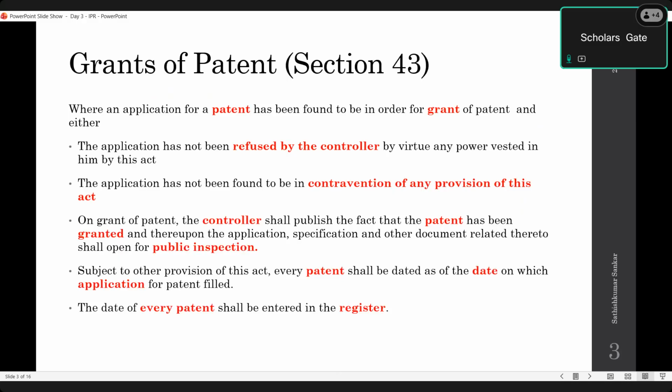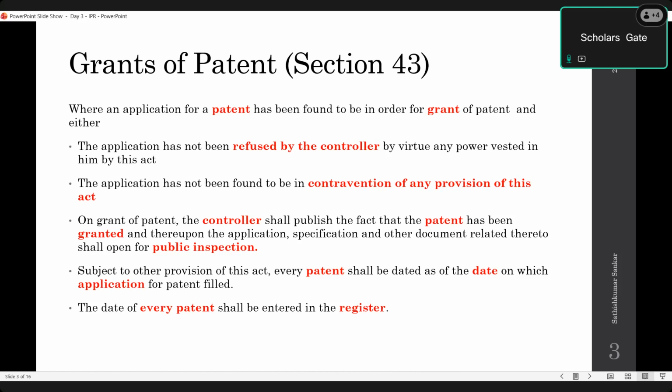If the application satisfies all the requirements from the controller's examination point of view, all the documents are available, all the claims are justified, and the claims are new and not claimed earlier than the patent application or priority date of that particular application, then the first thing we consider here is this.